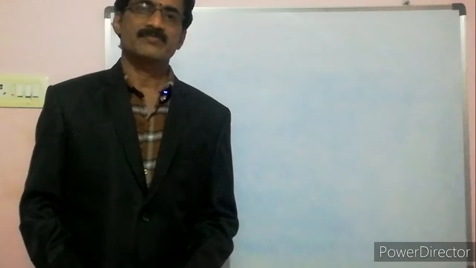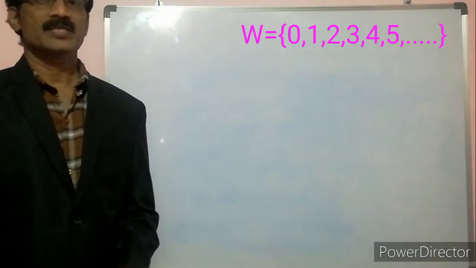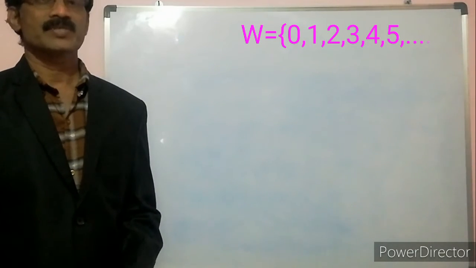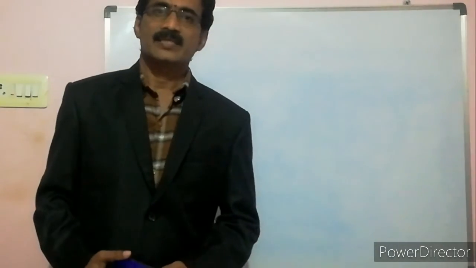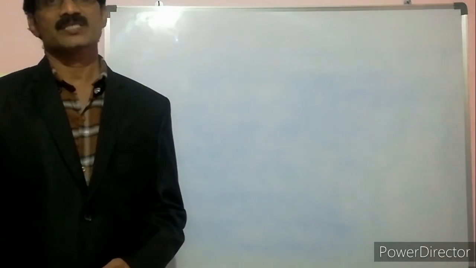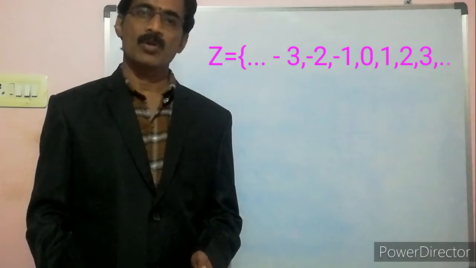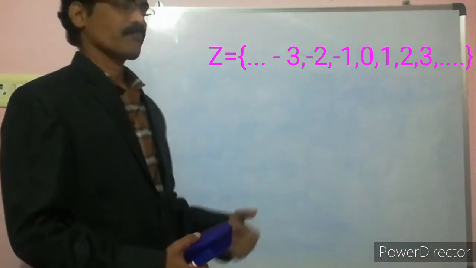Whole numbers start from 0 and 1, 2, 3 and so on. This is denoted by capital W. And the next number set is integers. In this number set we have negative numbers and whole numbers. It is denoted by Z.